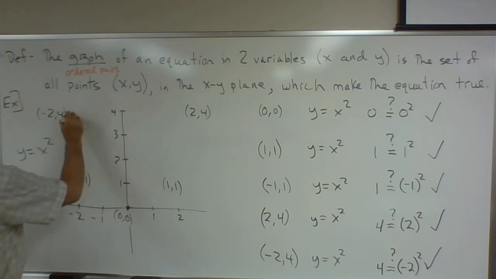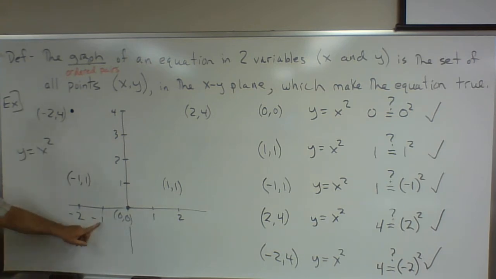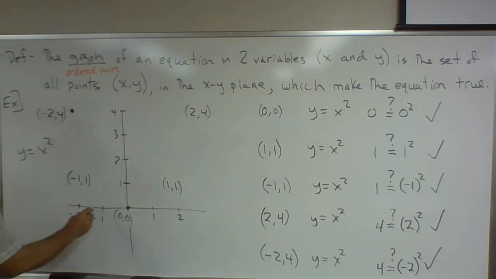And I wrote that point down in the xy plane. Then I took this value of x, -1, and put it in the equation. -1 squared is +1. So when x is -1, x squared is +1, and that's what y should be equal to. So x equals -1, y equals +1. I wrote this point on the graph.